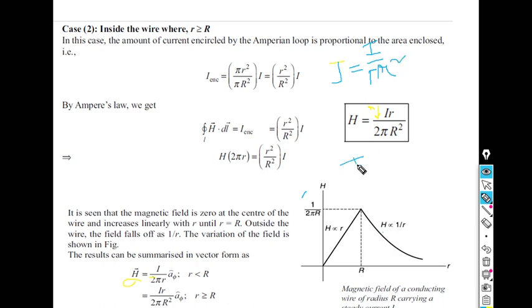So I is equal to current density into pi r square.